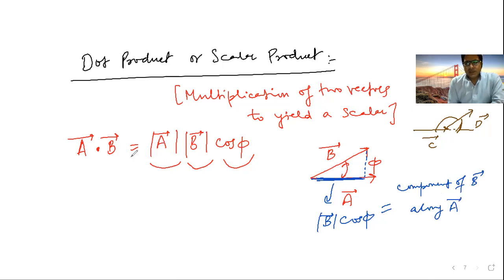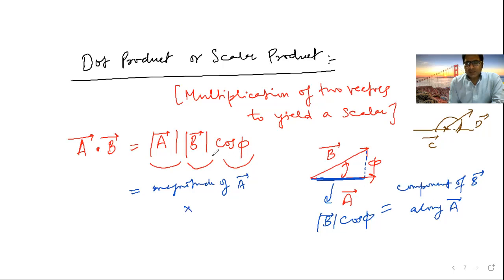You can say A dot B is either the product of three things: magnitude of A, magnitude of B into cosine of the angle between the vectors, or you can say it's the product of two things: magnitude of A multiplied by B cos phi.